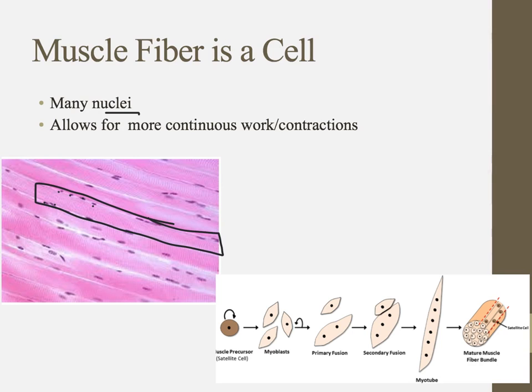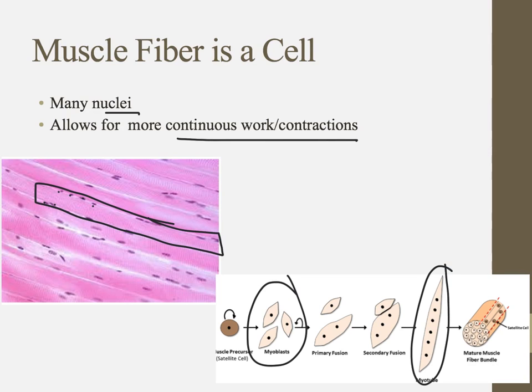That really originates from how muscle cells are formed. They actually come from the fusion of precursor cells. And one of the reasons that they fuse is to allow for more continuous work and contractions. So they end up with these multiple nuclei.